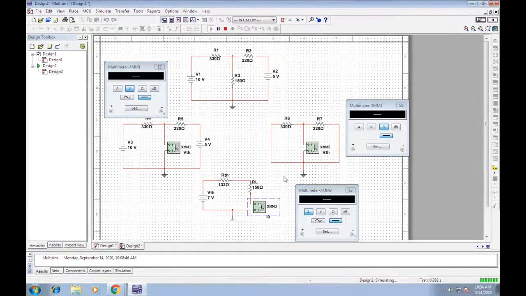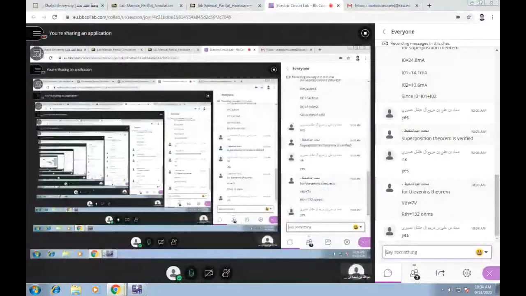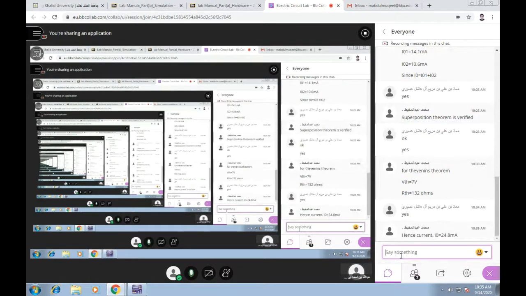You can see the current will be 24.8 milliampere. So hence current I0 is the same, 24.8 milliamperes. You can see we have used the same circuit for superposition and for Thevenin.